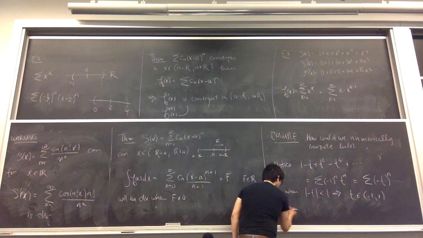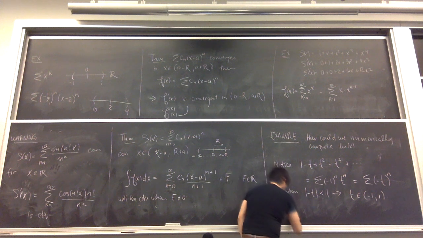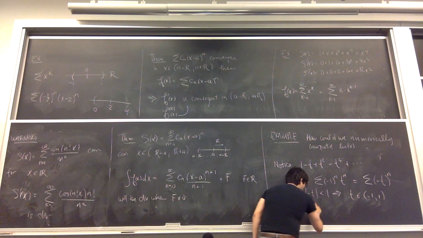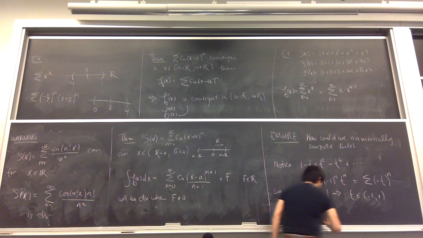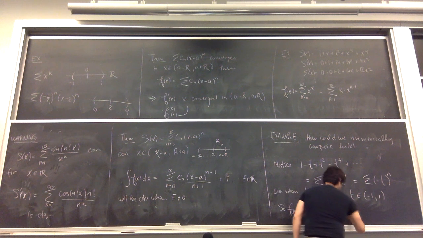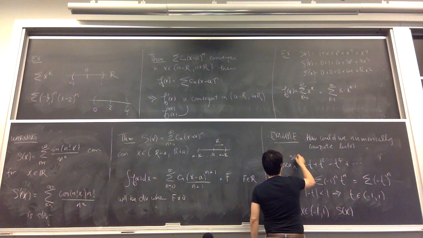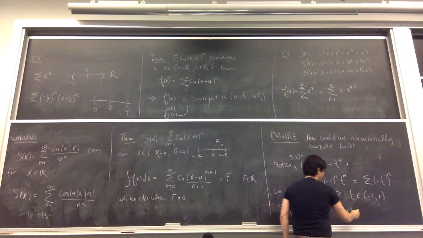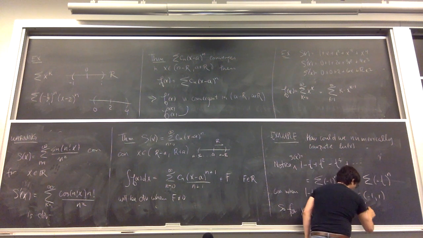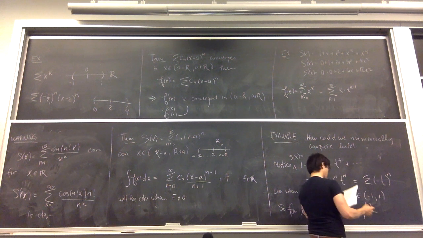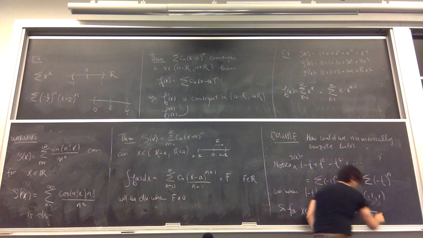So for x in minus 1 to 1, we have that. Let me just call this the power series. We have that s of x is equal to 1 over 1 plus t.